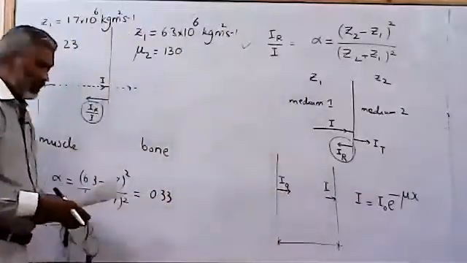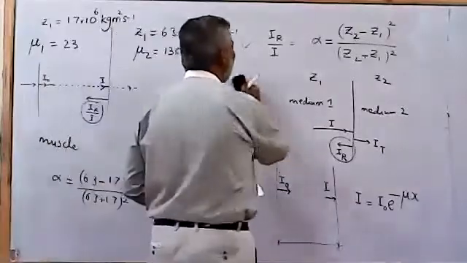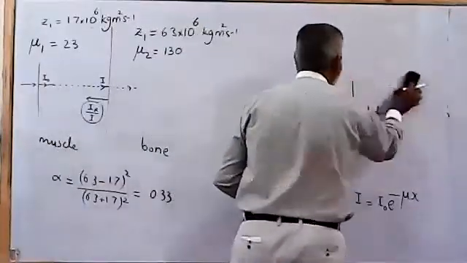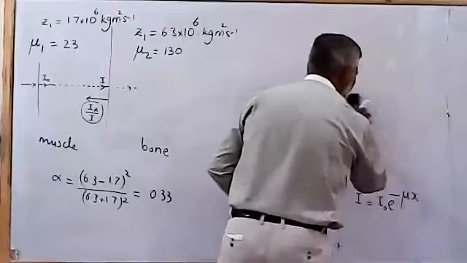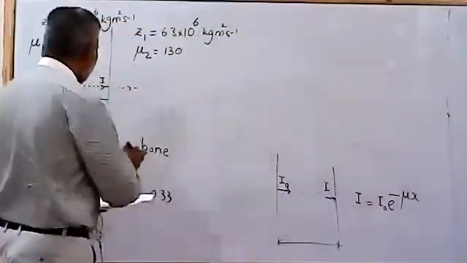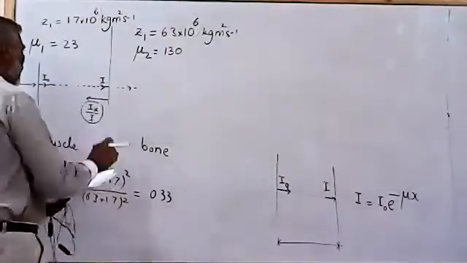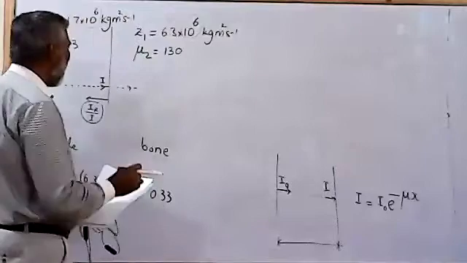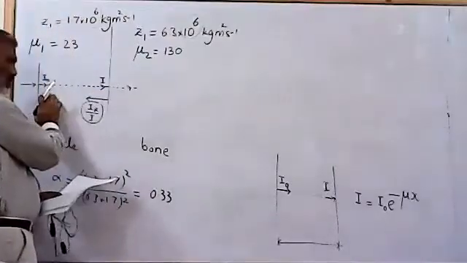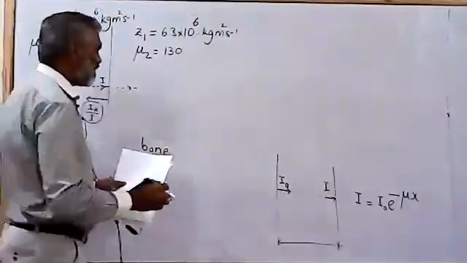So let's see how this formula is applied. Let me erase this because we have done with this one. Now, assuming that we started with I naught, I want to know what is I over I naught, which means what is the fraction of the original intensity that arrives here.